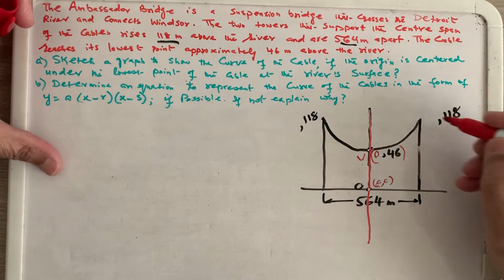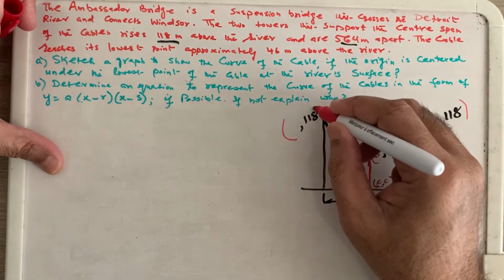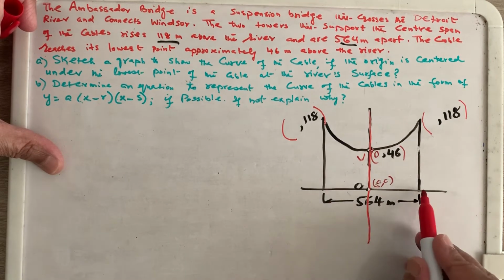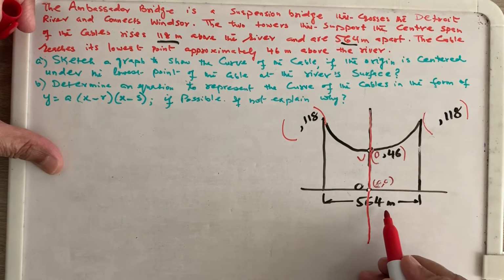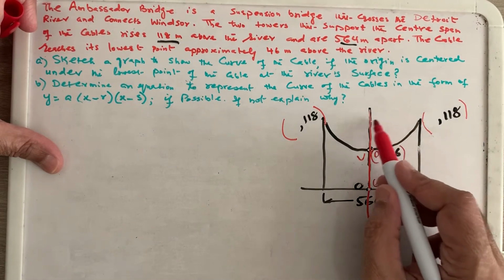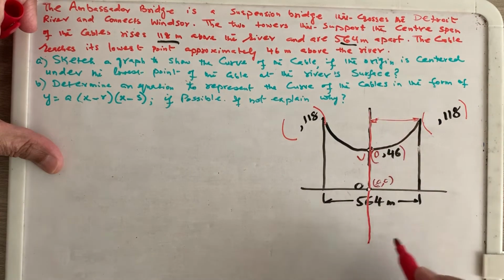And then we have to find out what the x coordinates are here, right? That is also actually given, because if this is your 0, 0 and these two towers are 564 meters apart, that means from the origin, what is this distance? This is your x coordinate, which is half of 564.